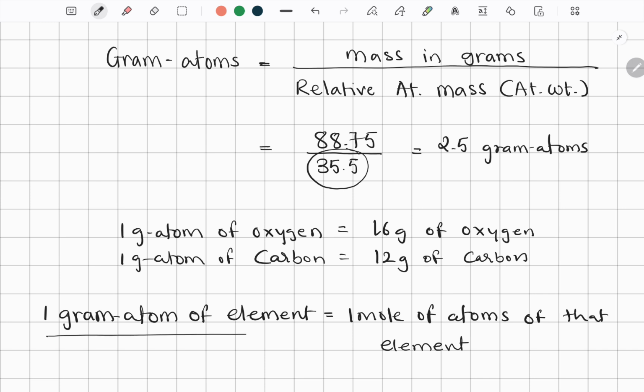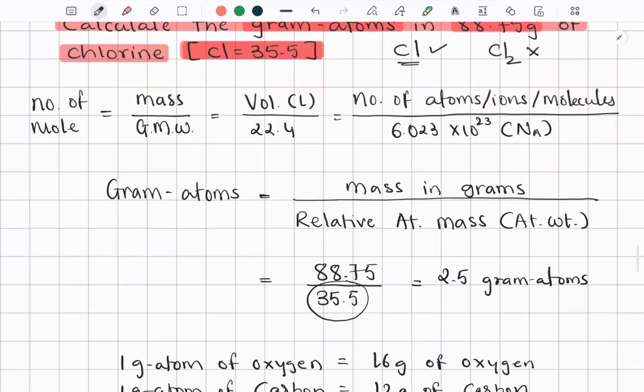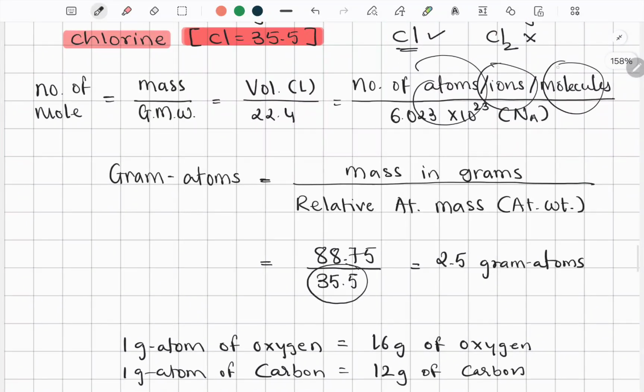Whereas the number of moles is a more general unit that applies to atoms, molecules, ions, compounds, any other chemical entity, and it represents the Avogadro number, which is 6.022 or 6.023 into 10 raised to 23.